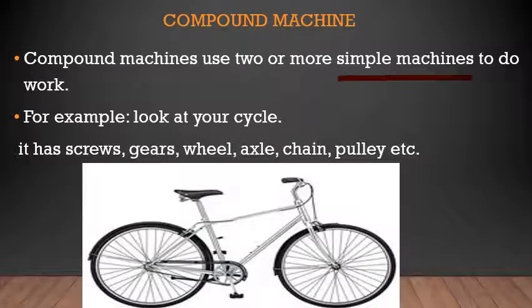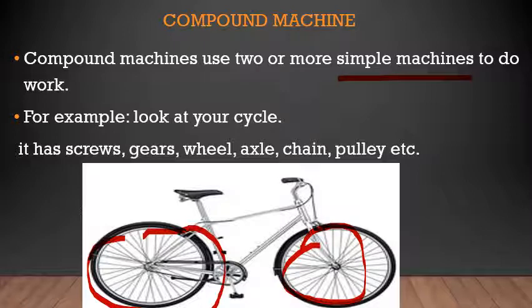In the cycle you can see there are a lot of small simple machines which make this a compound machine. You can see two wheels here, right? Singly they are simple machines. Otherwise together they become the compound machine.